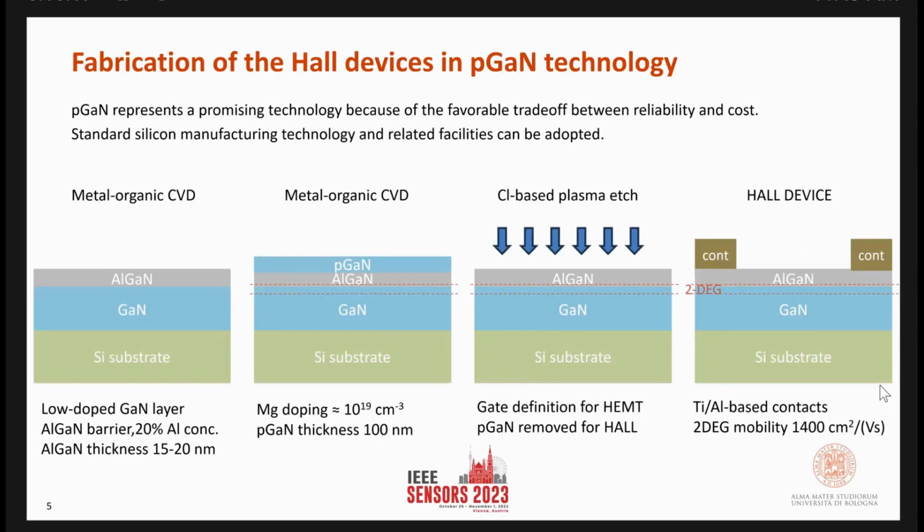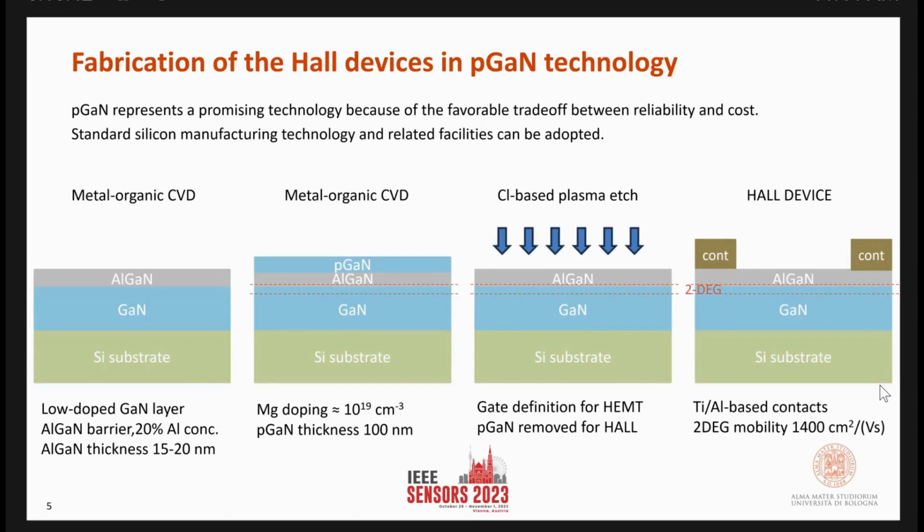We started from GaN on silicon technology. Then on top of that, we deposit the p-GaN region all over the die. This p-GaN region is actually used in the technology to remove the bidimensional electron gas, so in this way the device is normally off.